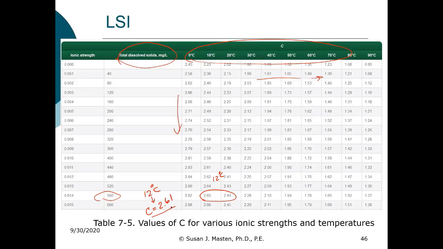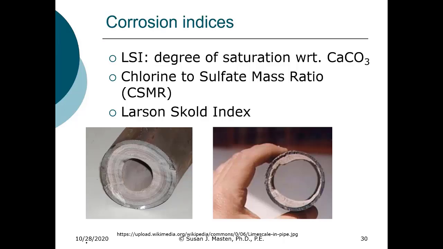We'll talk about that later when we talk about corrosion. But LSI really focuses on calcium carbonate equilibrium. So I like to talk about LSI here. The chloride to sulfate mass ratio is also used, and that's because it appears that chloride, and we're looking at chloride, okay?